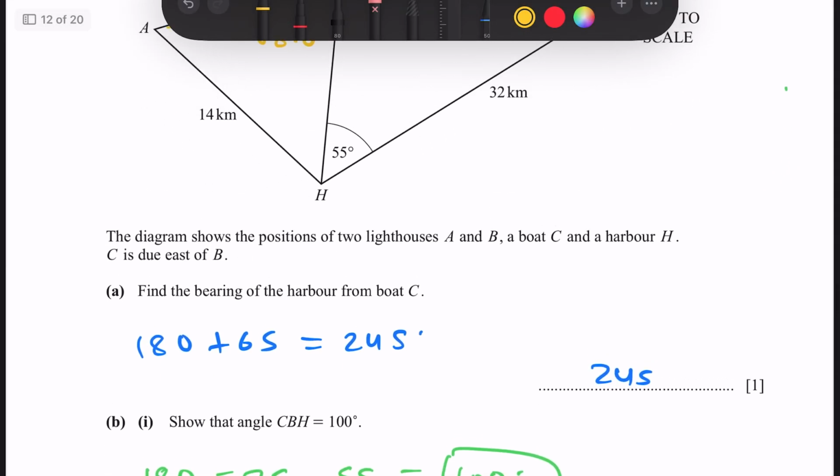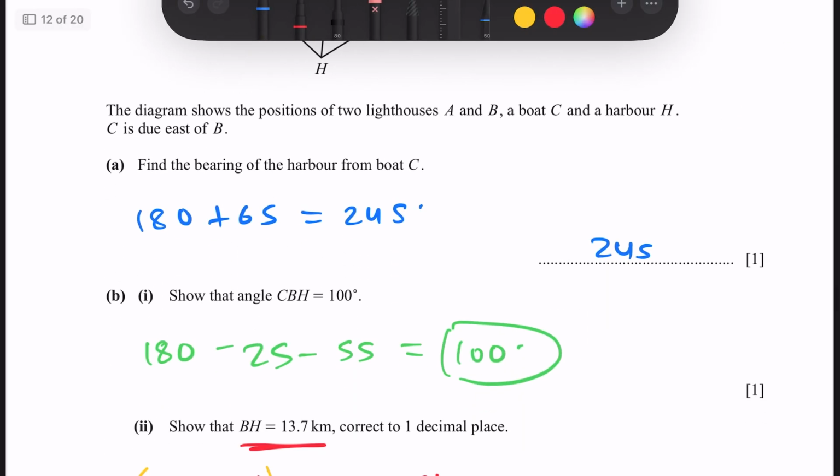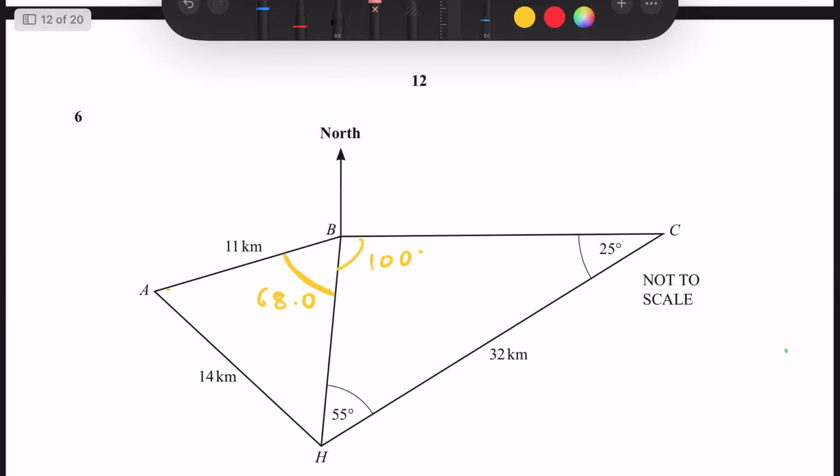And we established that angle CBH is equal to 100 degrees. This means that the bearing of A from B would be equal to 100 degrees, as shown by us traveling that much, plus 90 degrees, since this angle is equal to a right angle, which is 90 degrees, plus 68. So 90, let me erase it and restate why we got there.